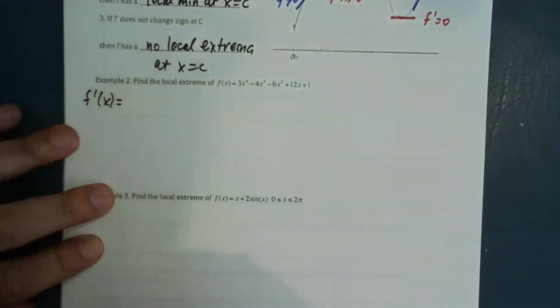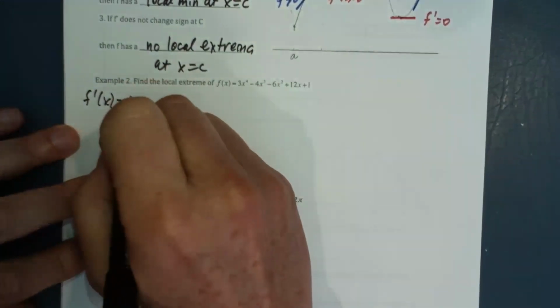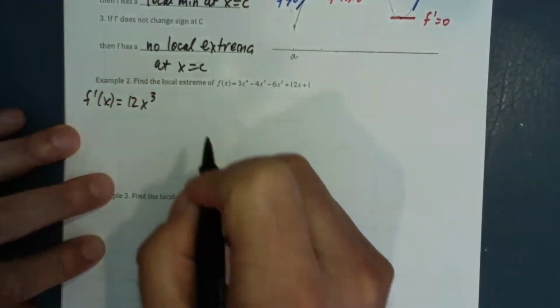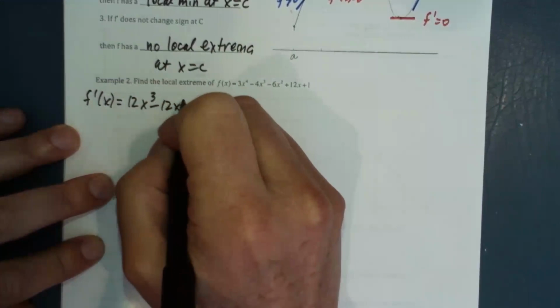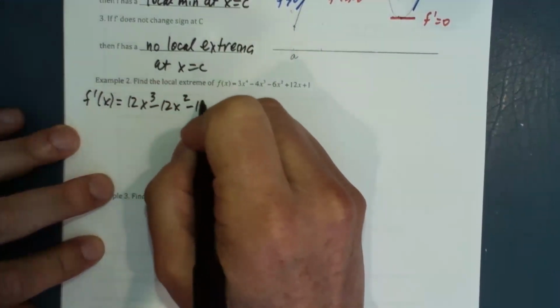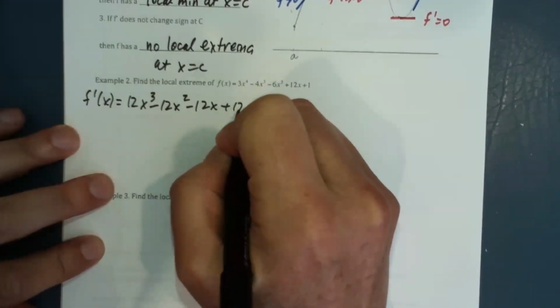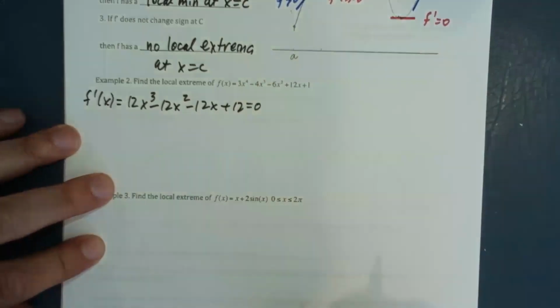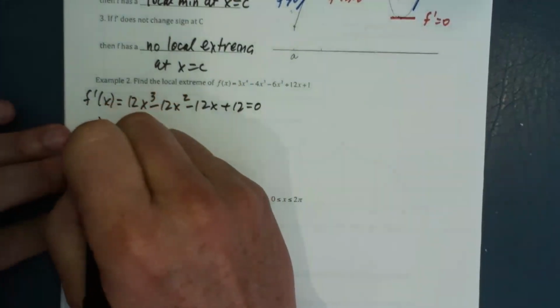So first off, we need f prime. That is going to give me 12x cubed minus 12x squared minus 12x plus 12. And we'll set that equal to 0. And I'm going to take a minute and divide out the 12. Sort of a no-brainer there.